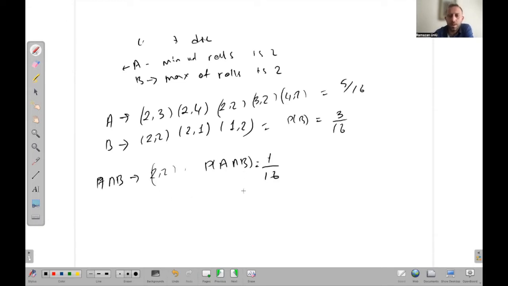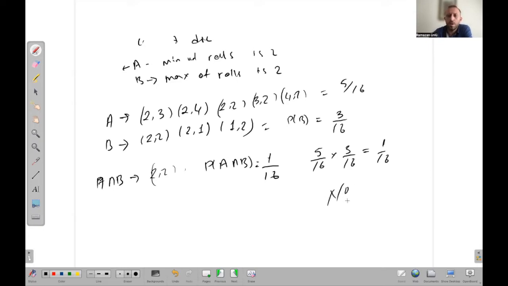Because there are 16 pairs and only one of them belongs to A intersect B. So is it equal to 5 over 16 times 3 over 16, which is 1 over 16?